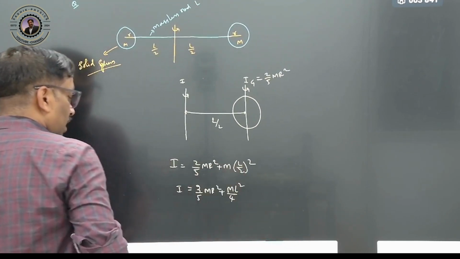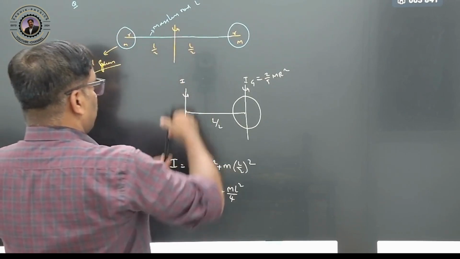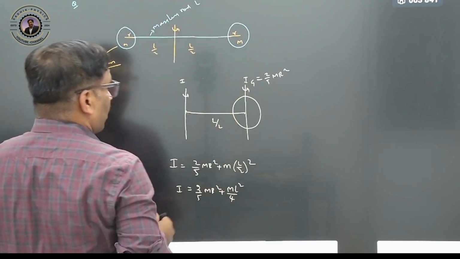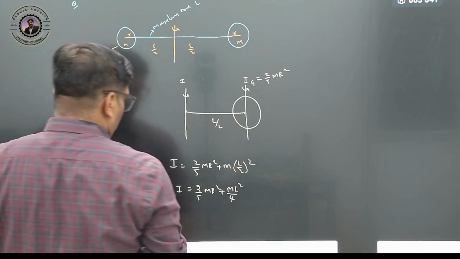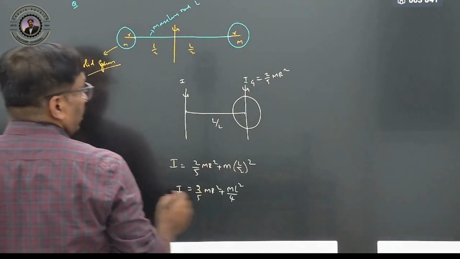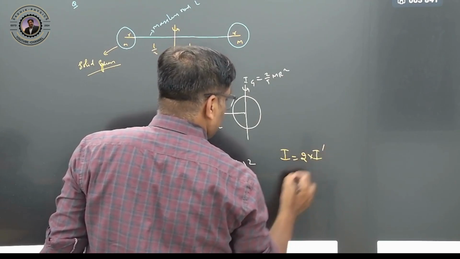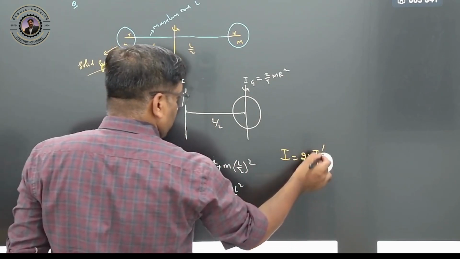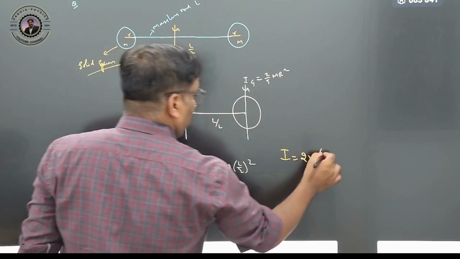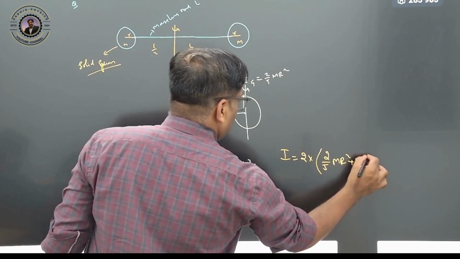Here we are considering the rod as massless, so we are rotating only the spheres. If you want to rotate the second one also, there will be 2 times. So the total moment of inertia is I equal to 2 times 2 by 5 mr square plus m L square by 4.